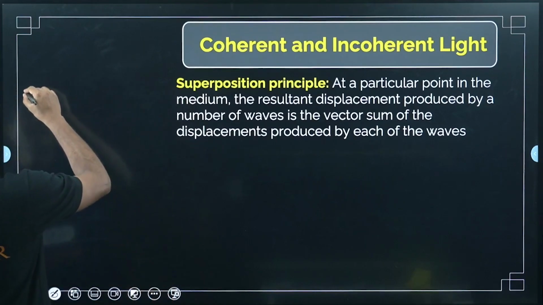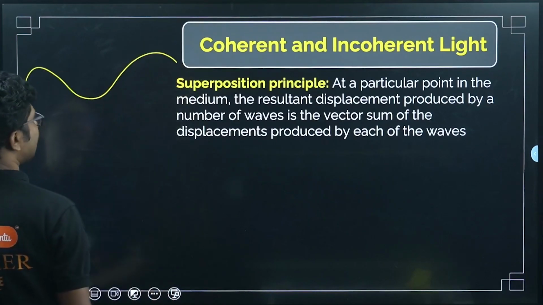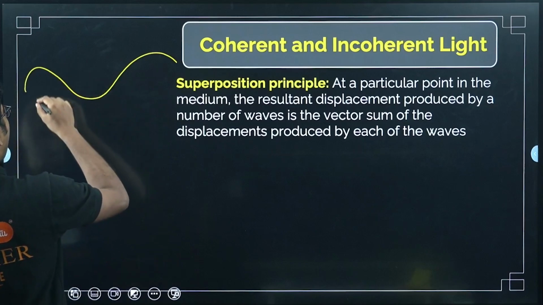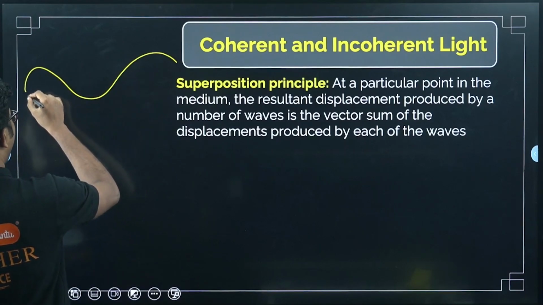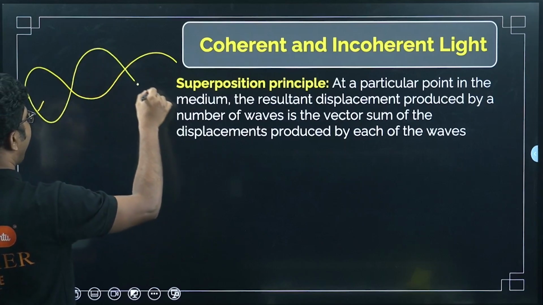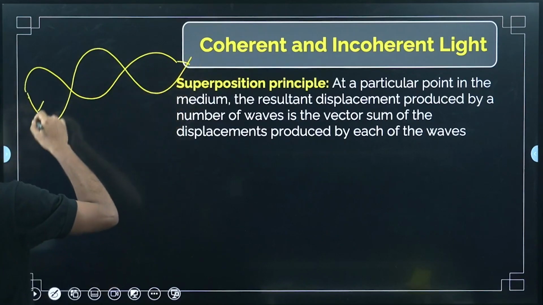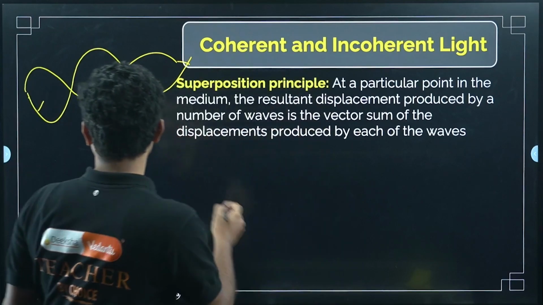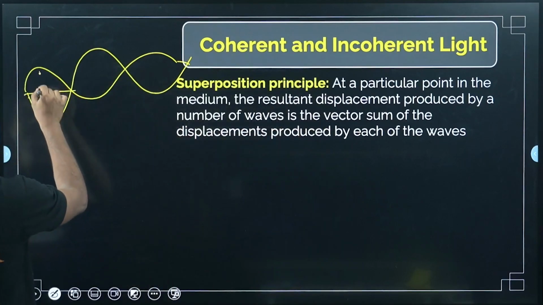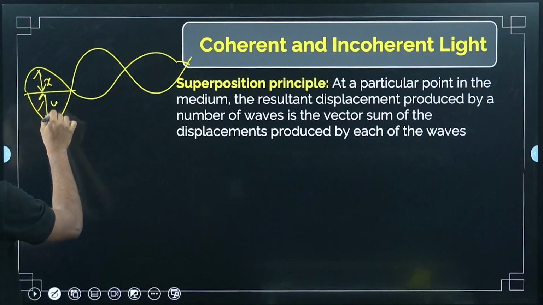Suppose I have a light ray coming like this and another light ray is coming like this. Okay, and what is the net displacement? So if this is, say, x, this is, say, y.